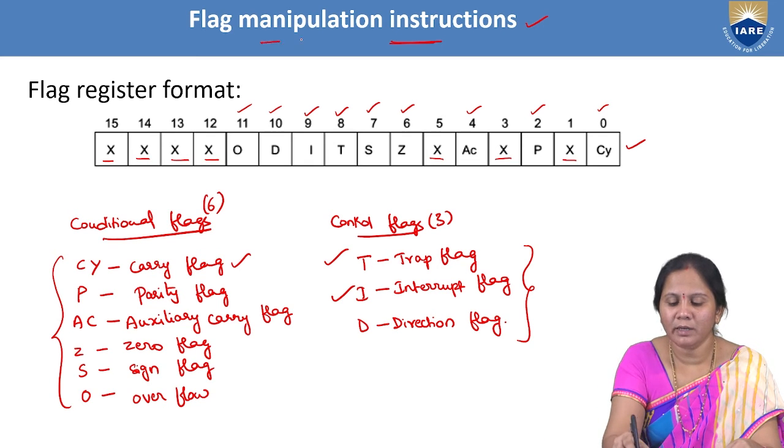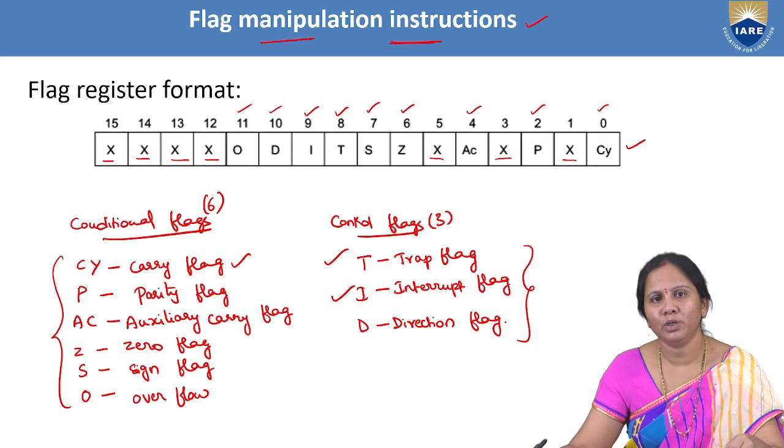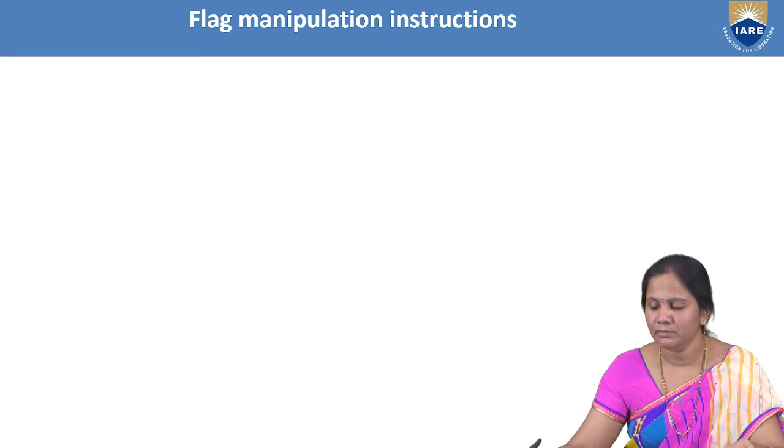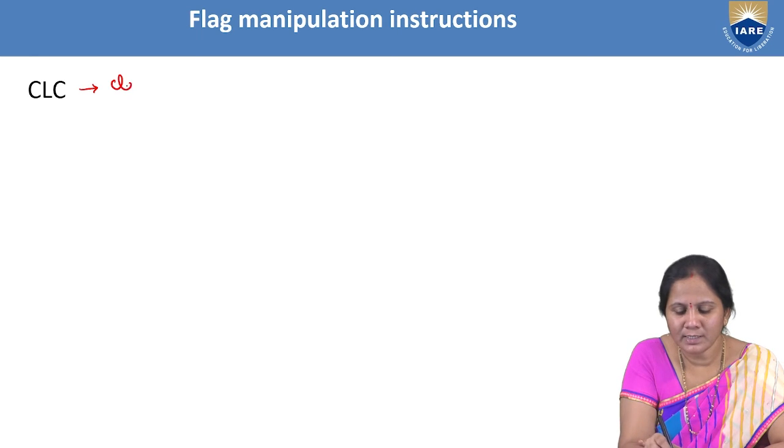These are the 3 flags we are going to use to discuss the flag manipulation instructions. The first one is CLC. CLC represents clear the carry flag.